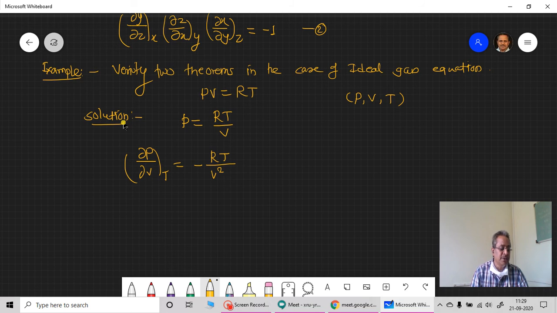Okay, similarly find out the second derivative. Here I can write V is equal to RT upon P. So now this is equal to RT upon V, isn't it?